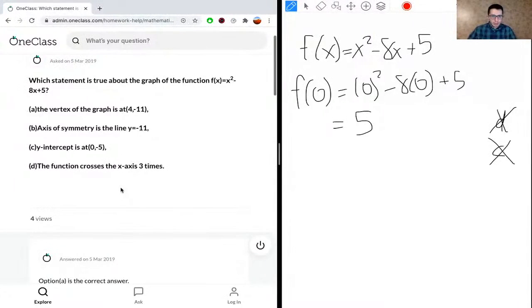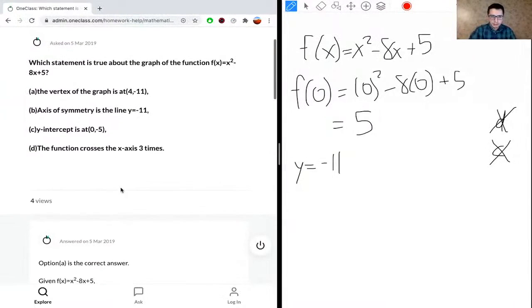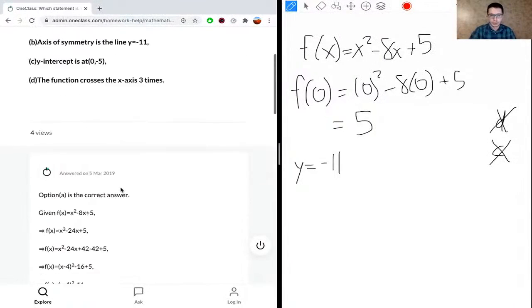We'll look at B. Axis of symmetry is the line y equals negative 11. Y equals negative 11 is an axis of symmetry. So to test for this, essentially we'd have to figure out where the parabola lies on the xy plane.